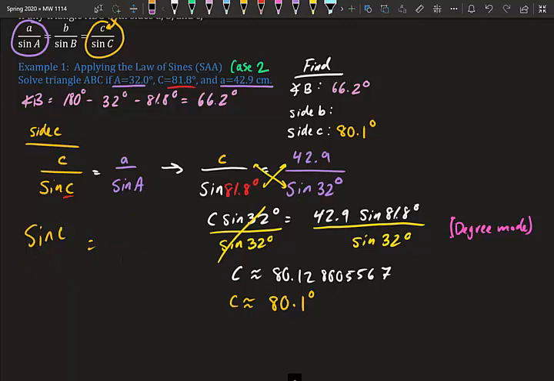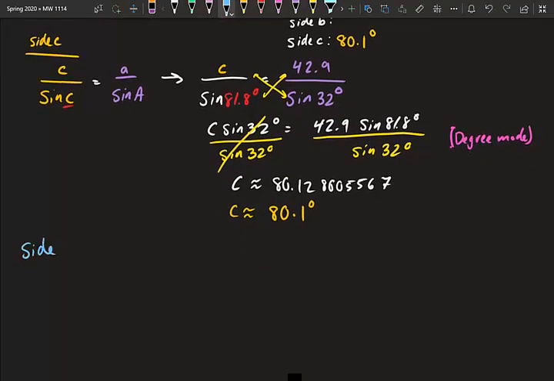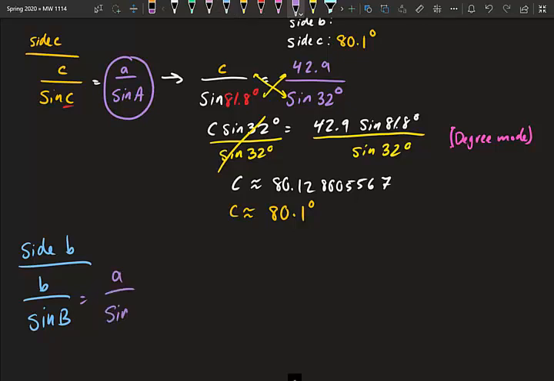Alrighty, let's go ahead and find our last side, side B. Do it in blue. Since we're trying to find side B, we're going to be using B over sine B. Use what's given. So you see here how we used A over sine A? We're going to use it again. Let's plug in what we have.